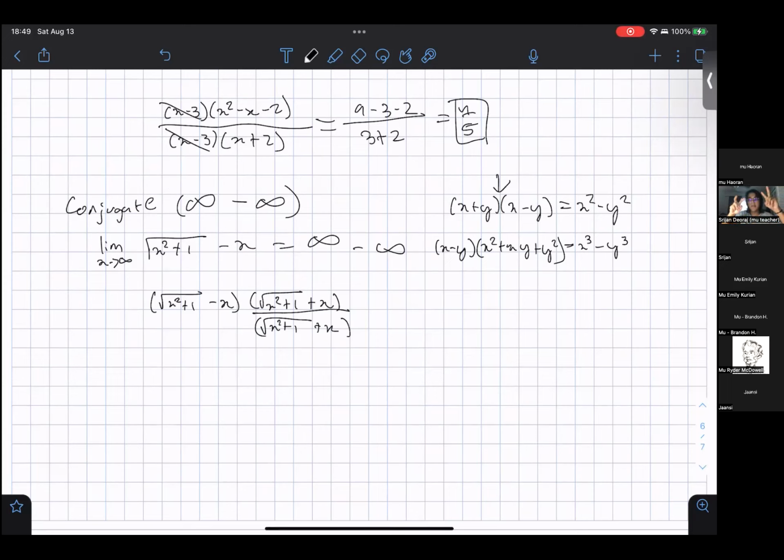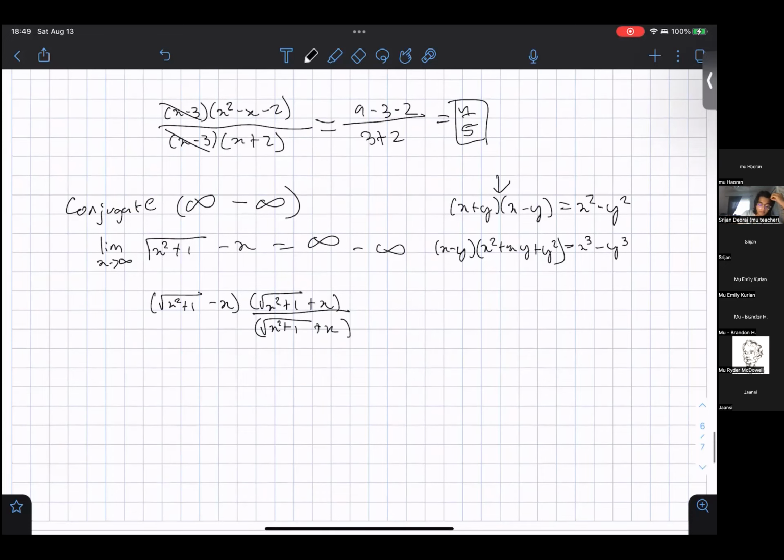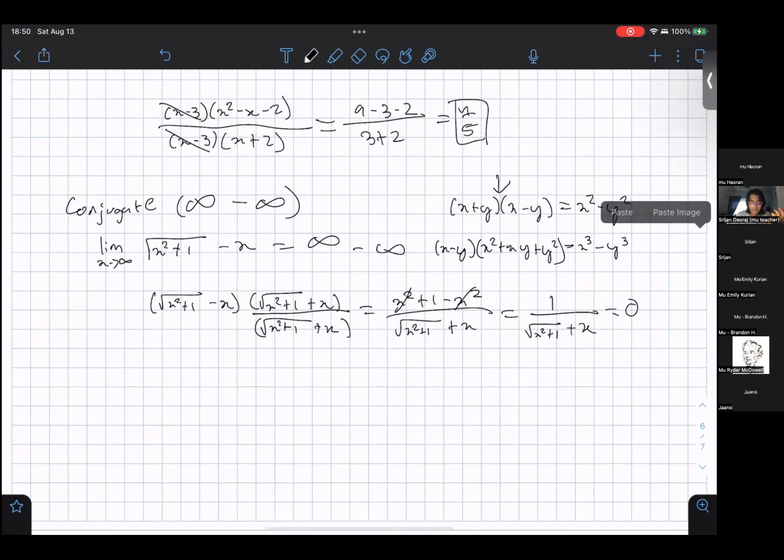So we're basically multiplying by 1. But when we multiply the conjugate, what we get is x squared plus 1 minus x squared, all over the square root of x squared plus 1 plus x. And so these x squareds cancel, and we get 1 over the square root of x squared plus 1 plus x. And if we take the limit as x approaches infinity, essentially we have 1 over infinity, which is just 0.